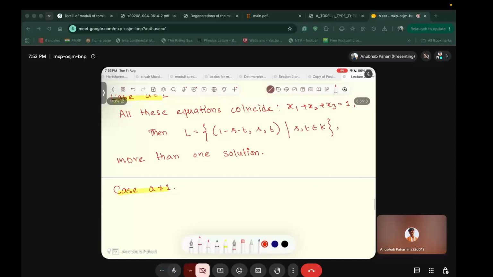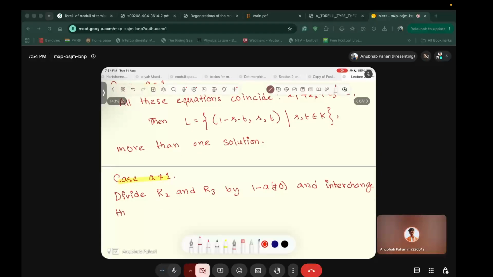Here we divide R2 and R3 by 1 minus a, which is not equal to 0, and interchange the resulting rows.